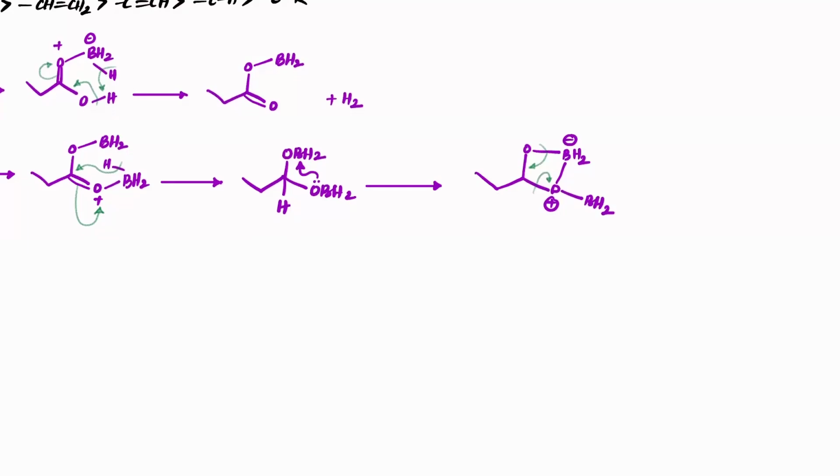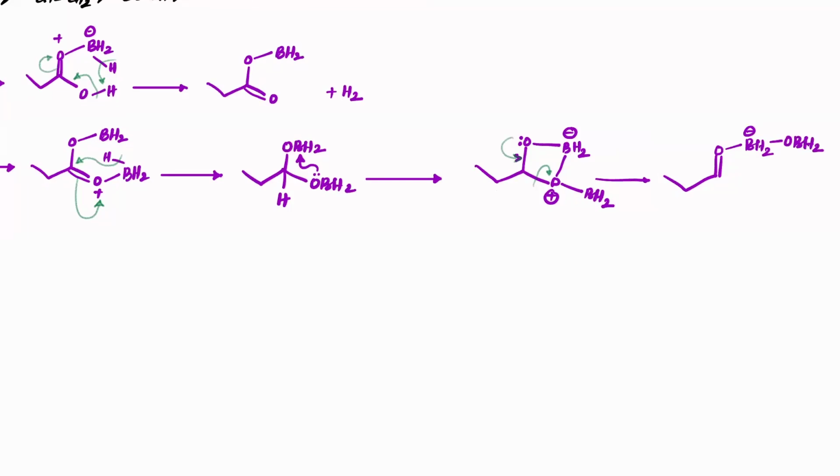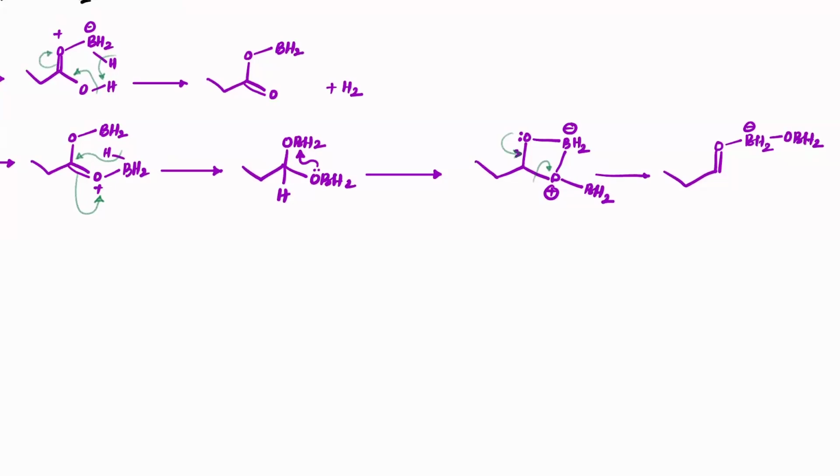Clear? Sorry. First, I'll not break this bond. Sorry. The lone pair on oxygen will push the bond here, and this bond will break. And as this bond pushes here, I will get this as double bond O with BH2 minus connected with OBH2 this way. This is what it will have. Okay, clear?